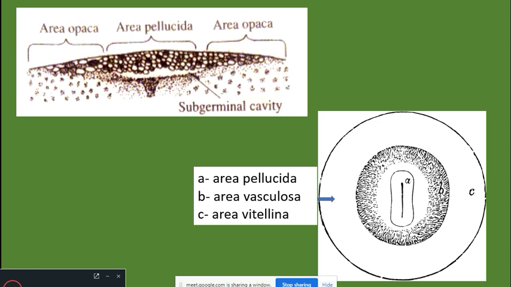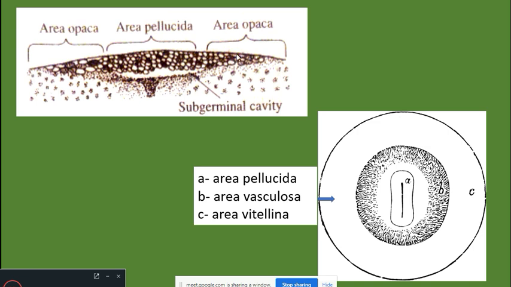This inner layer or this proximal layer is called as area vasculosa, and this outer layer or distal layer is called as area vitellina. So, where will you find more yolk? This region will be having more yolk beneath, because when you go outer, you will see more yolk.